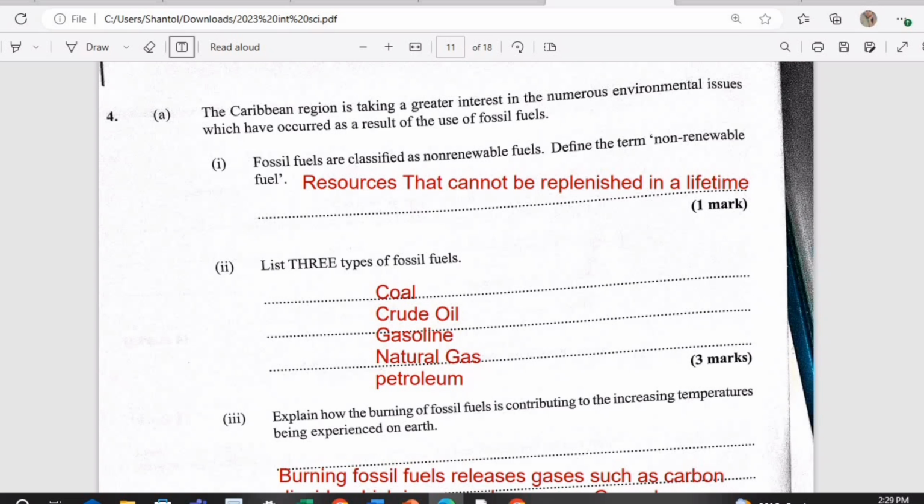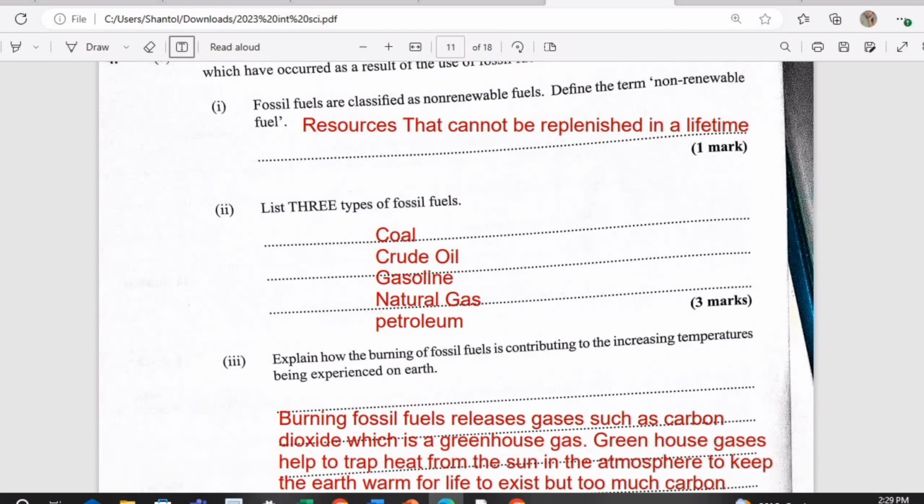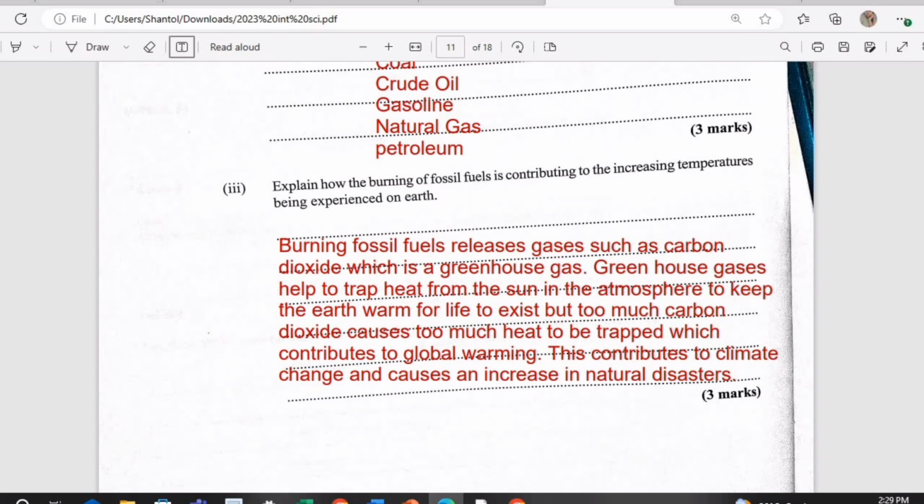Part 3 of the question, explain how the burning of fossil fuels is contributing to the increasing temperatures being experienced on Earth. Now, if you're burning something, that means some heat must be generated and also some harmful gases. So burning fossil fuels releases gases such as carbon dioxide, which is a greenhouse gas. Greenhouse gases help to trap heat from the sun in the atmosphere to keep the earth warm for life to exist.